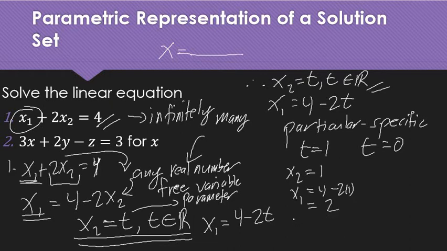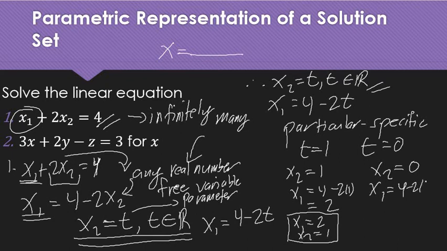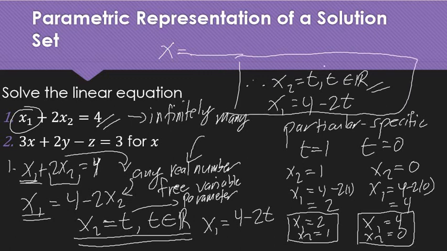That means x sub 1 equals 2 and x sub 2 equals 1 is a particular solution. If t is equal to 0, then my x sub 2 is equal to 0, and my x sub 1 will be 4 minus 2 times 0, which is equal to 4. So x sub 1 equals 4, x sub 2 equals 0 is another particular solution.